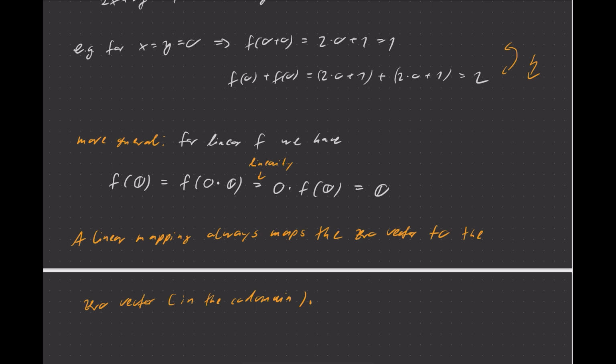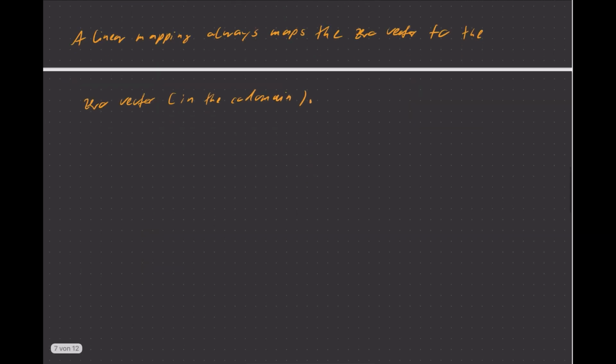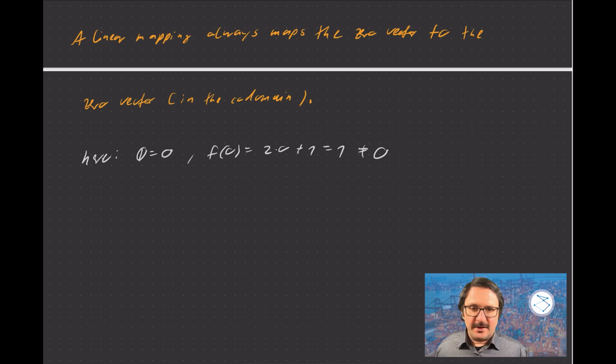And that's also something that's not true here, and you can see that easily in that example. So here the 0 vector is just the number 0, and f of 0 is 2 times 0 plus 1. That's 1, and 1 is obviously not the zero vector of the codomain, which would also be 0. So here's a very, very easy criterion to find out whether a given mapping might not be linear.